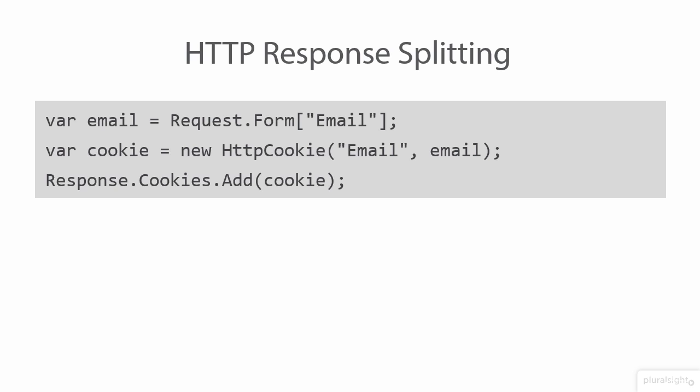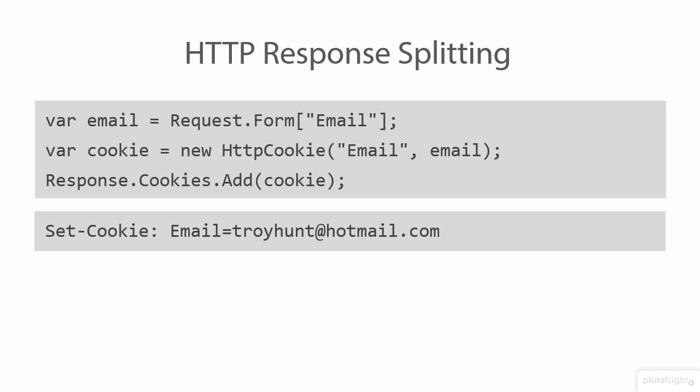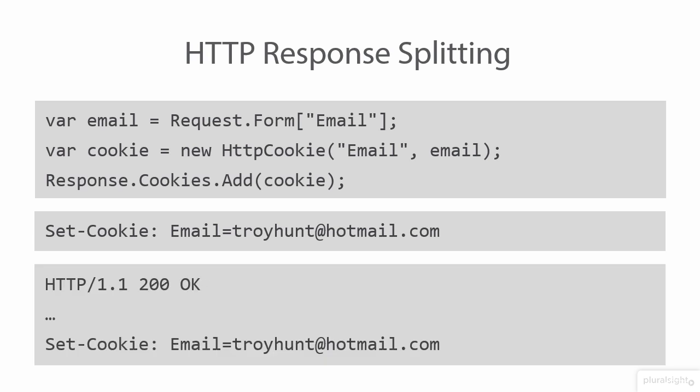So what this would effectively do is lead to a response header that looks like this. This is simply setting the cookie called email to the value that was in the form, so theoretically my email address. Now there's actually a little bit more to a response header than just setting a cookie. More specifically, a response header typically looks like this.